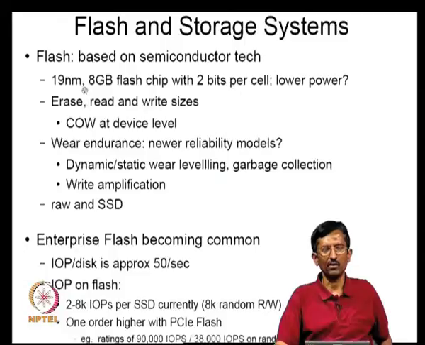Nowadays you can get fairly highly dense flash-based chips, for example in what is called 19 nanometer technology. This is the feature size, the smallest thing you can reliably mark on the chip. 19 nanometers is 19 times 10 to the power of minus 9 meters, so it is 19 times 10 to the power of minus 7 centimeters.